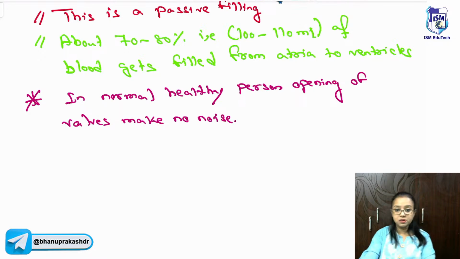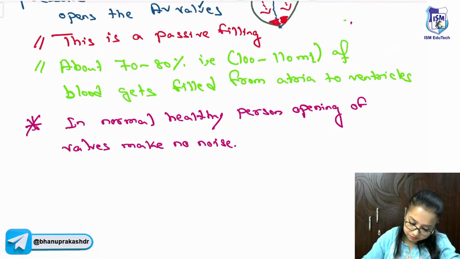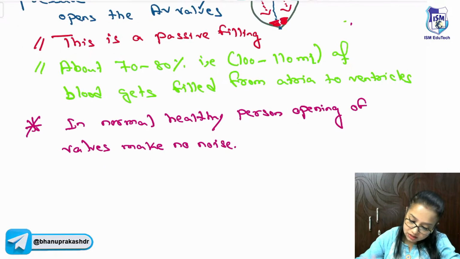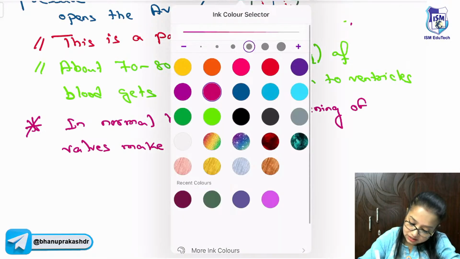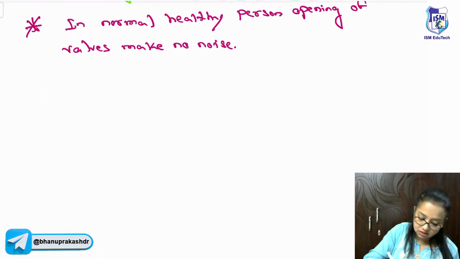When the valves are opening, there is no audible noise in a normal healthy person. Okay, this is an important point to remember. So that's the rapid filling phase, in the diastolic phase.